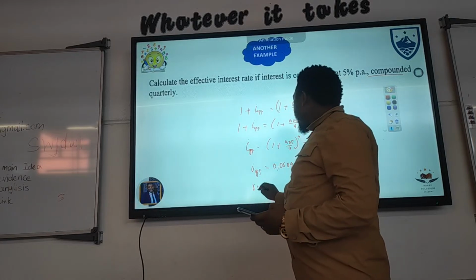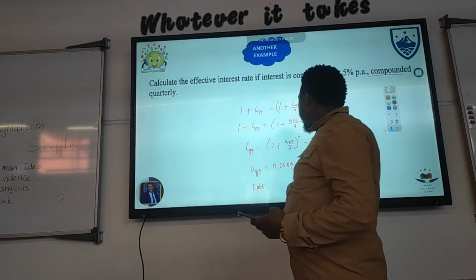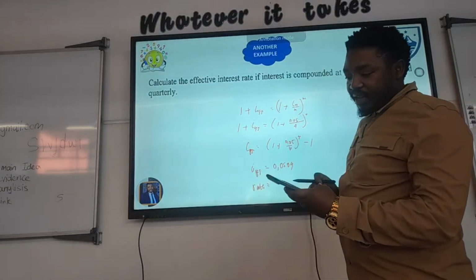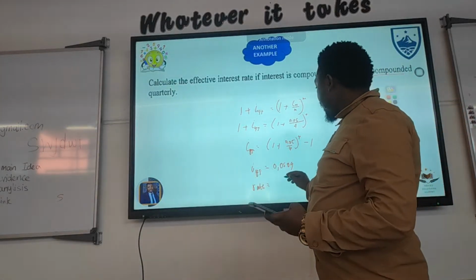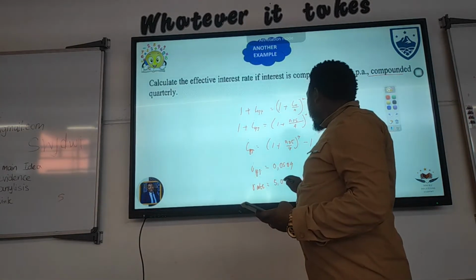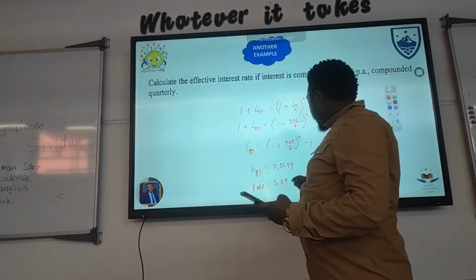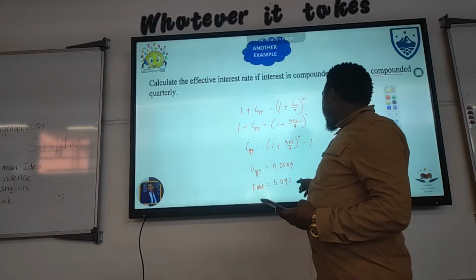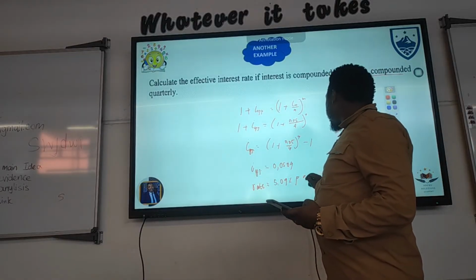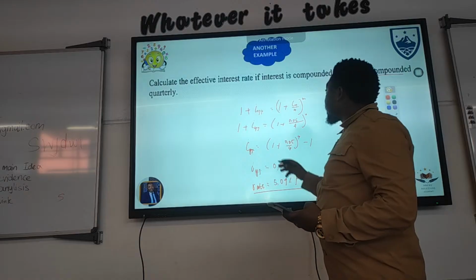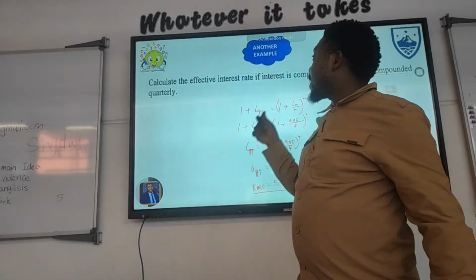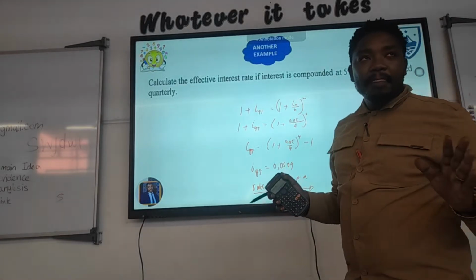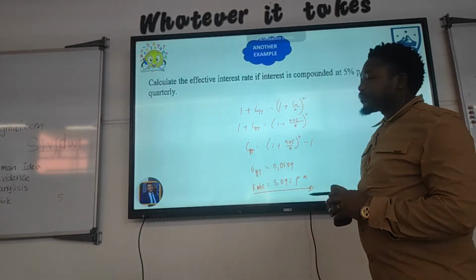If you're looking for the interest rate, we just multiply this by 100, and then this will give us, let me multiply this by 100 and I get 5.09% per annum. Like I explained to you guys, once you say effective interest, you're talking per annum. Good.